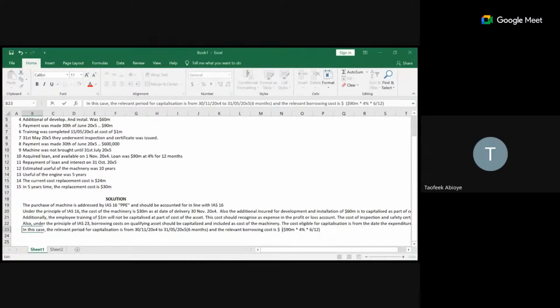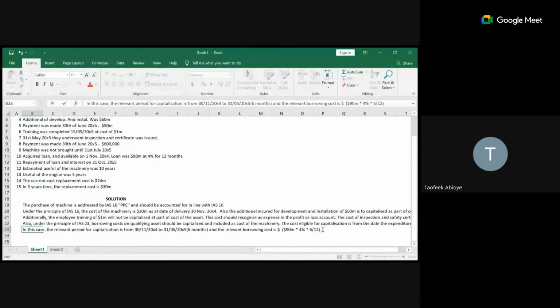Now let's continue. The relevant period for capitalization is 30th November 20x4 to 31st May 20x5, which is 6 months. Then the relevant borrowing cost is 4% of 90 million, which is how much? 3.6 million, right?